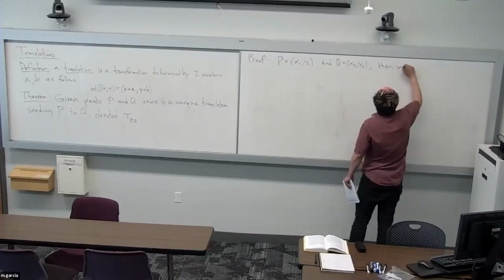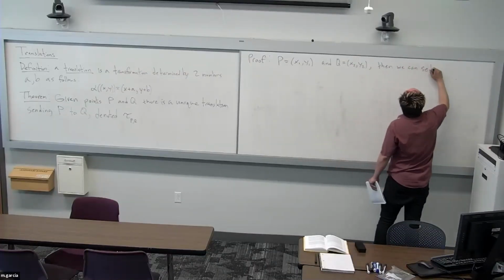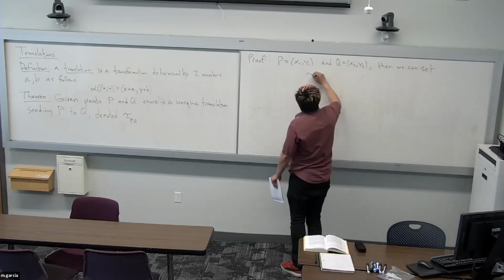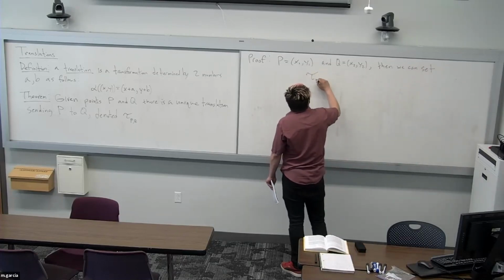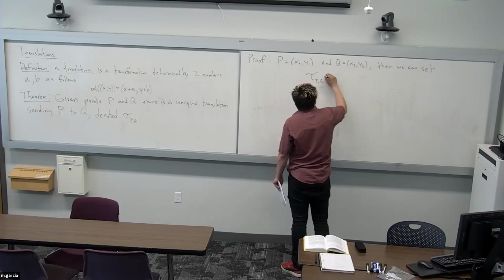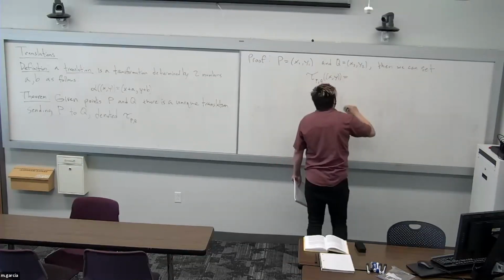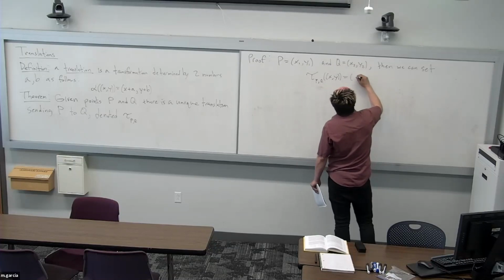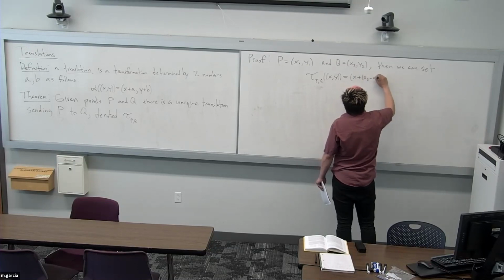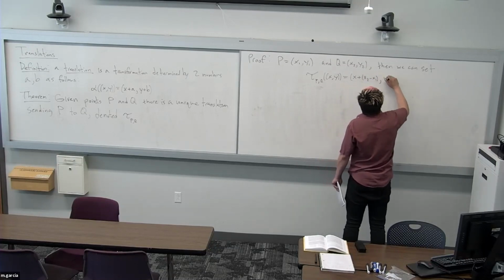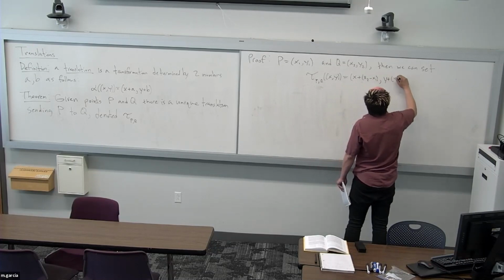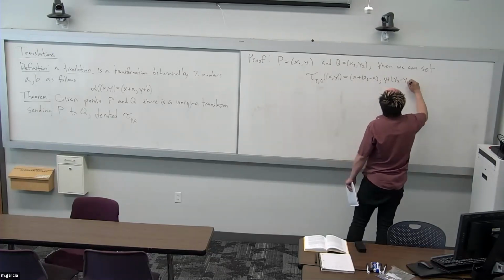Then we can set tau sub p comma q of x comma y equal to x minus, I'm sorry, plus x2 minus x1, comma, y plus y2 minus y1.